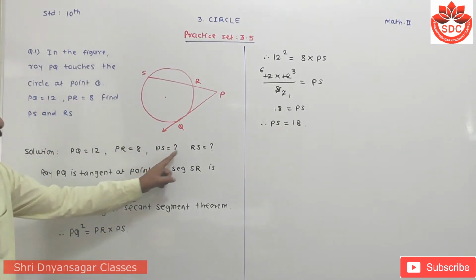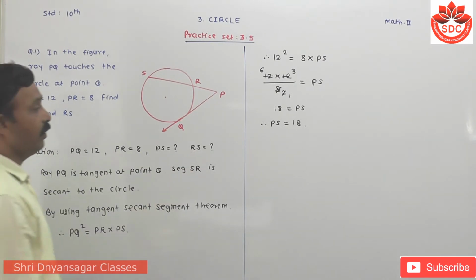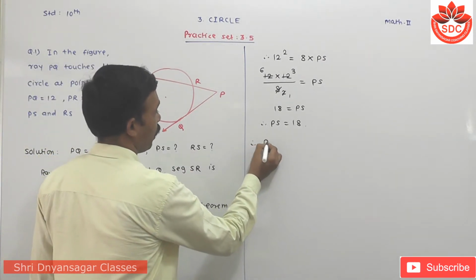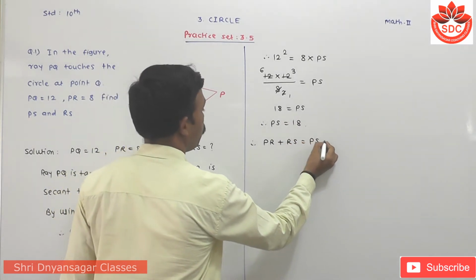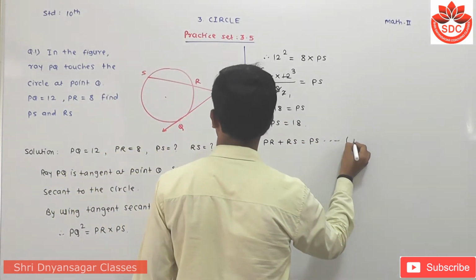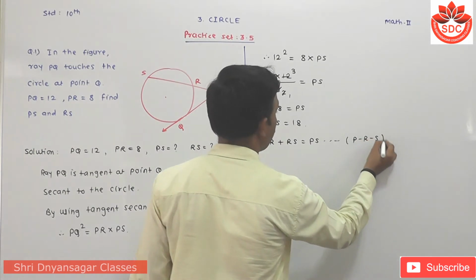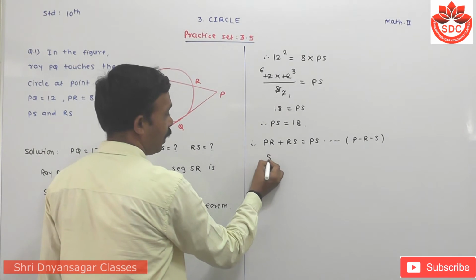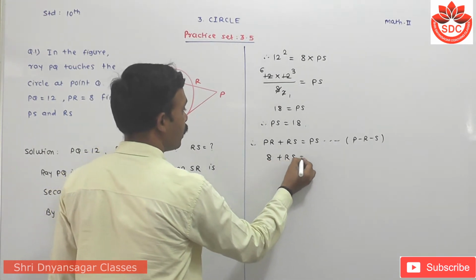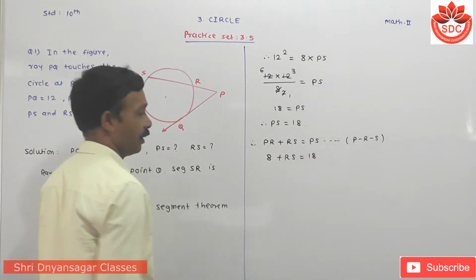Then we have to find RS. How to find it? Look carefully. PR plus RS is equal to PS, because of the property P-R-S. Substitute the value. PR is given as 8, and we have to find RS, and PS is 18.